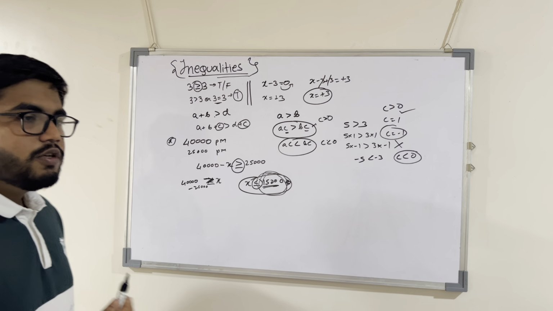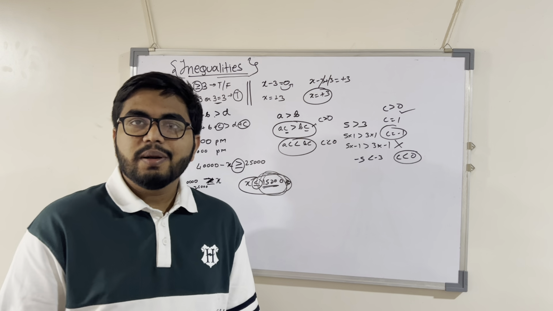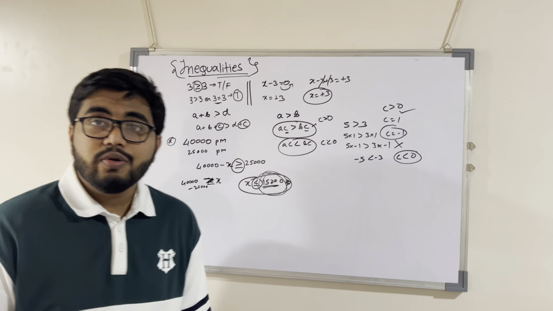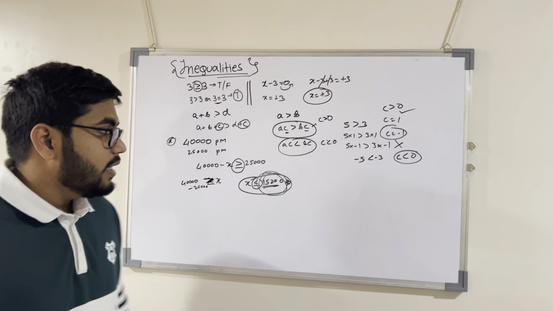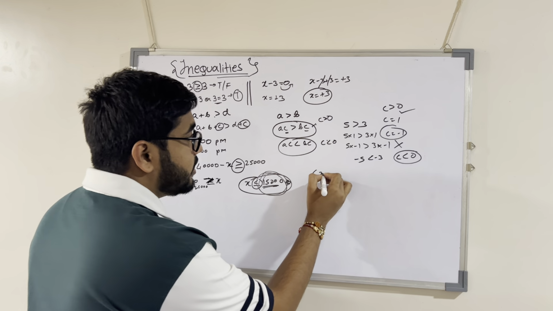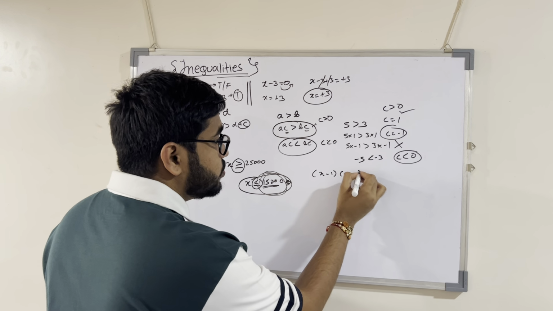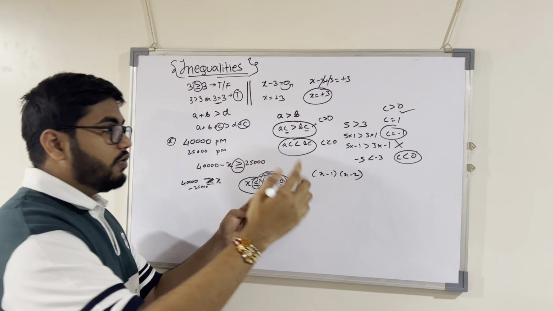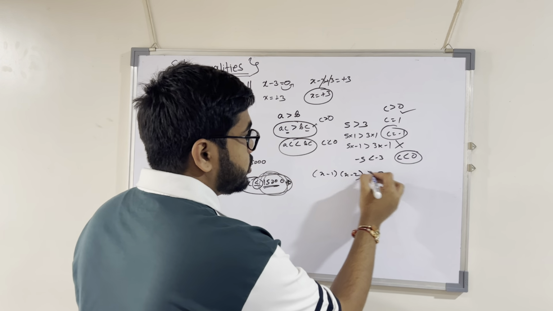Now this is the language of humans, right? Humans talk simple maths. Now try to understand, suppose maths has to talk to itself. What is the language of maths? The language of maths is equations, right? These are equations, x minus 1, x minus 2. Now suppose this is a curve, and you have to plot this on a graph. And it says x minus 1 into x minus 2 has to be greater than 0.